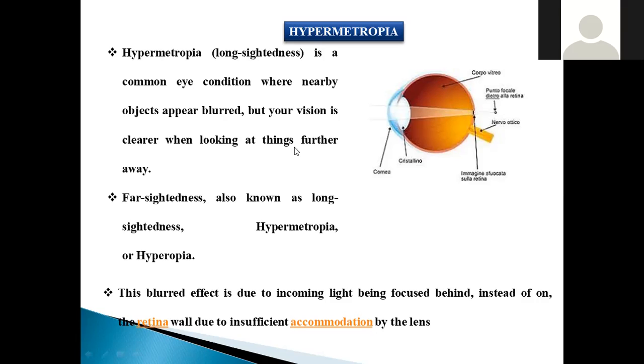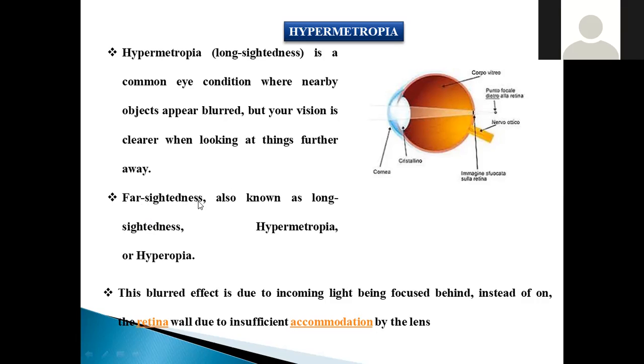This is the reverse of myopia. In myopia, the image is formed in front of the retina. In hypermetropia, the image is formed behind the retina, and the image information is not gathered by the retina. So you can't get any vision of an object placed very near to the eye.